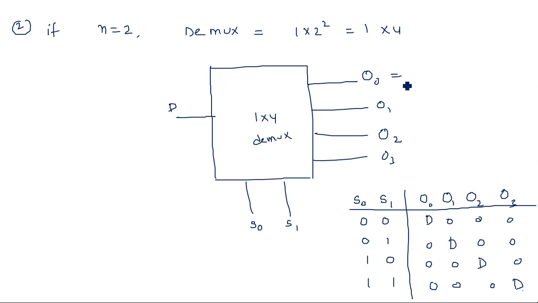In a similar way, for this 1 by 4 demultiplexer, O0 is equal to, see the truth table, output is D only, but it occurs when S0 and S1 are both zeros. So O0 is D into S1 bar S0 bar, and similarly the other outputs, for example D into S1 S0.